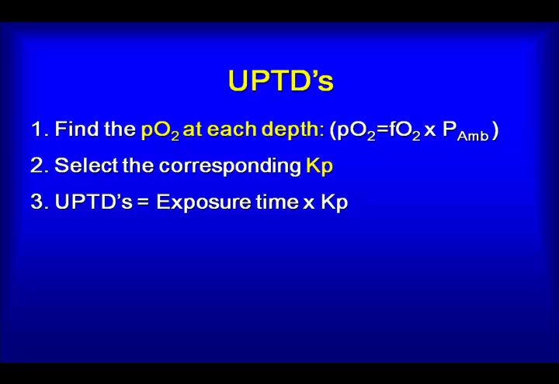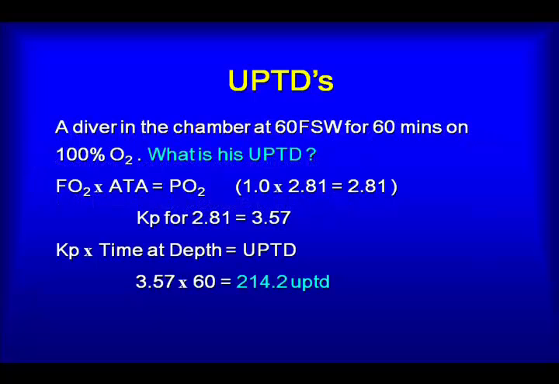So essentially, to calculate the so-called units of pulmonary toxicity, there is a way of multiplying the partial pressure of oxygen, which is derived from the percentage or fraction of oxygen multiplied by the pressure under which it's breathed, and a corresponding toxicity factor, or so-called Kp factor.